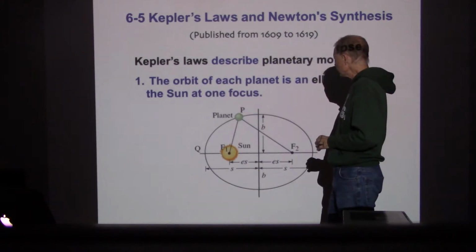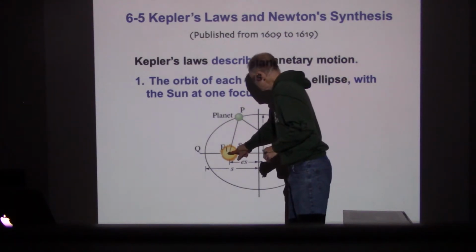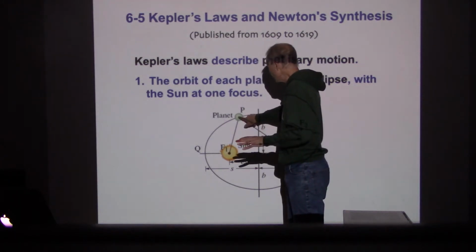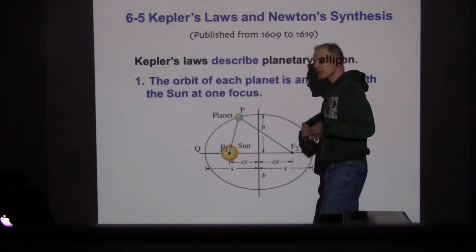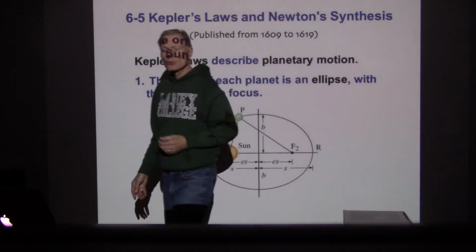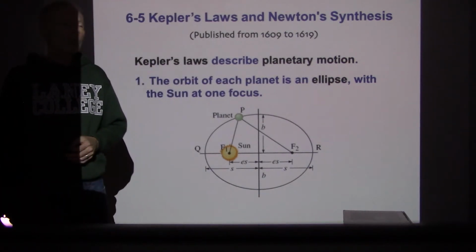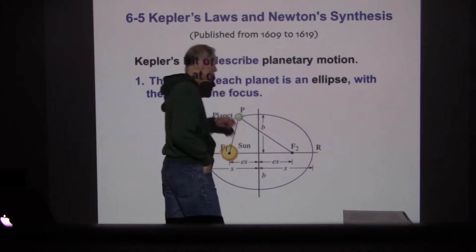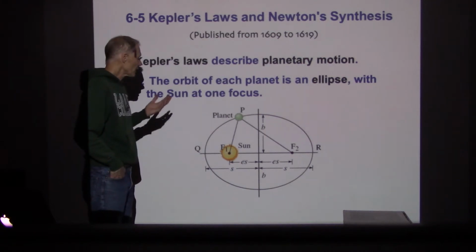When you take the distance from one focus to any point on the ellipse, and add the distance from the other focus, it generates an ellipse. So the ellipse can be thought of as a collection of all those points where the sum of the distances from the two focuses, the two foci, is a constant.